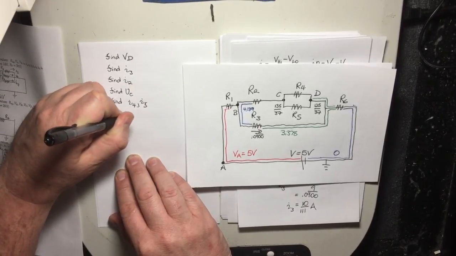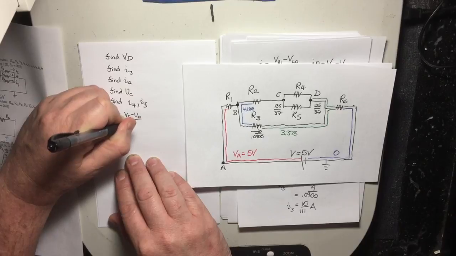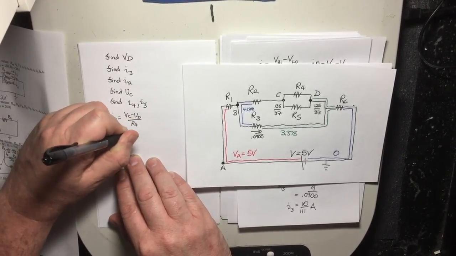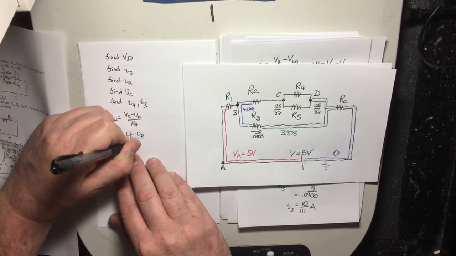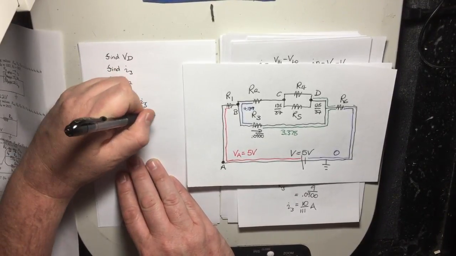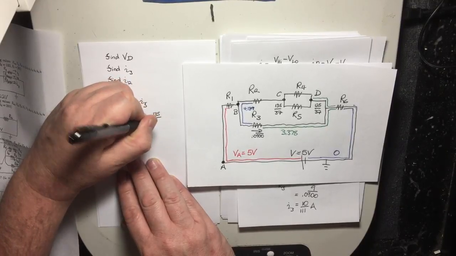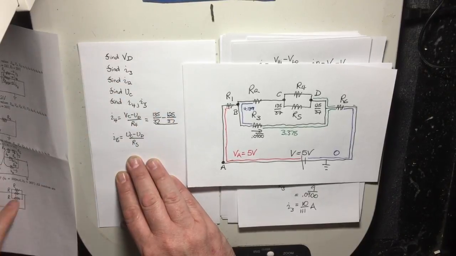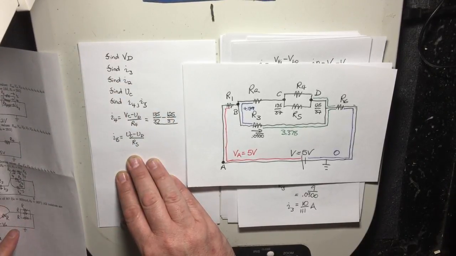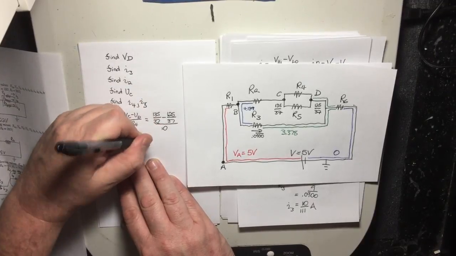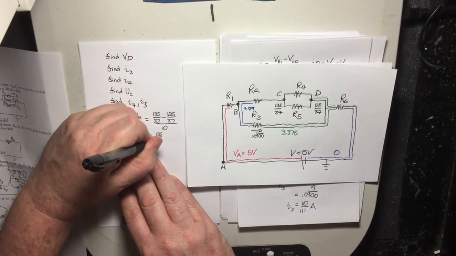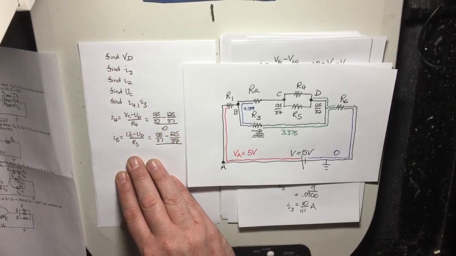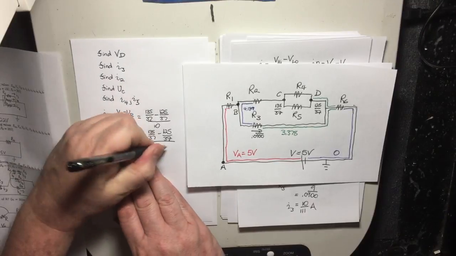I4 is VC minus VD over R4. I5 is VC minus VD over R5. VC, 135 over 37, minus 125 over 37, divided by R4, which is 10. Same thing here: 135 over 37, 125 over 37, R5, 15.